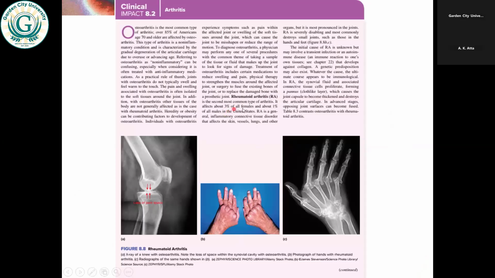It affects about 3% of all females and about 1% of all males. Wow. So they're showing this one here as rheumatoid arthritis. And I think this one here will be osteoarthritis.